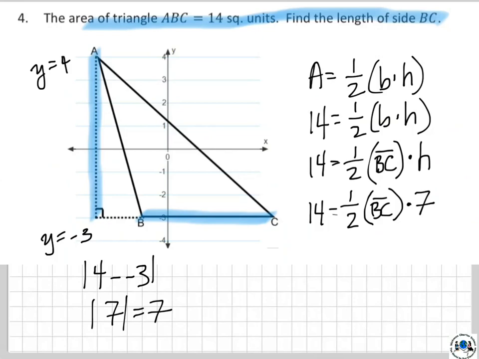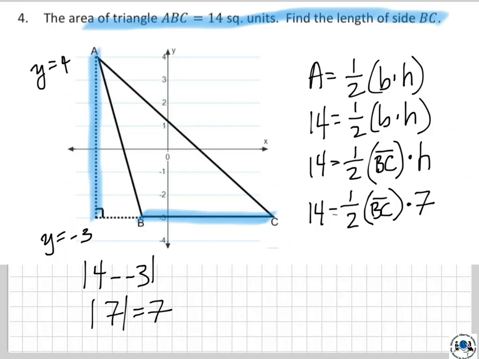We only need the two y values at the vertices. So we have -3 at the bottom of that right triangle, and then 4 at the top. So that is equal to 7. Absolute value of 4 minus -3 is the absolute value of 7, which is 7.